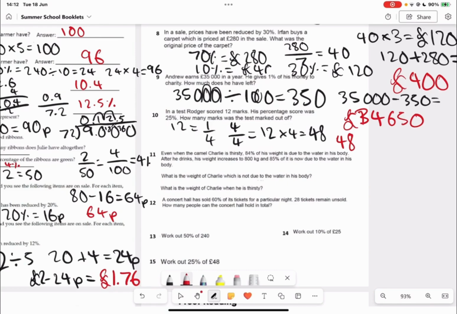So given that it's not due to the water in his body, it's going to be 15%. So 15% of 800 kilograms should be our answer. So just checking that. Yes. So first we're looking at 15% of 800.